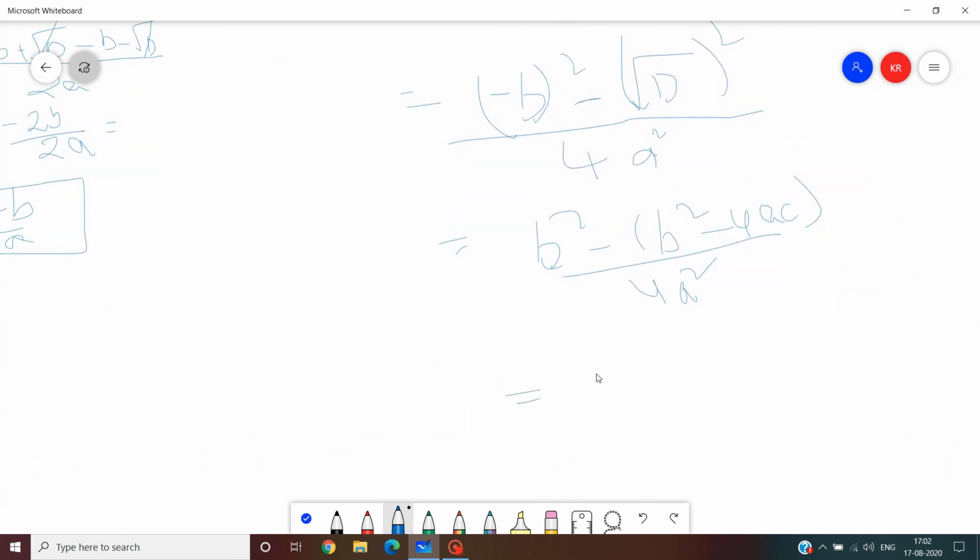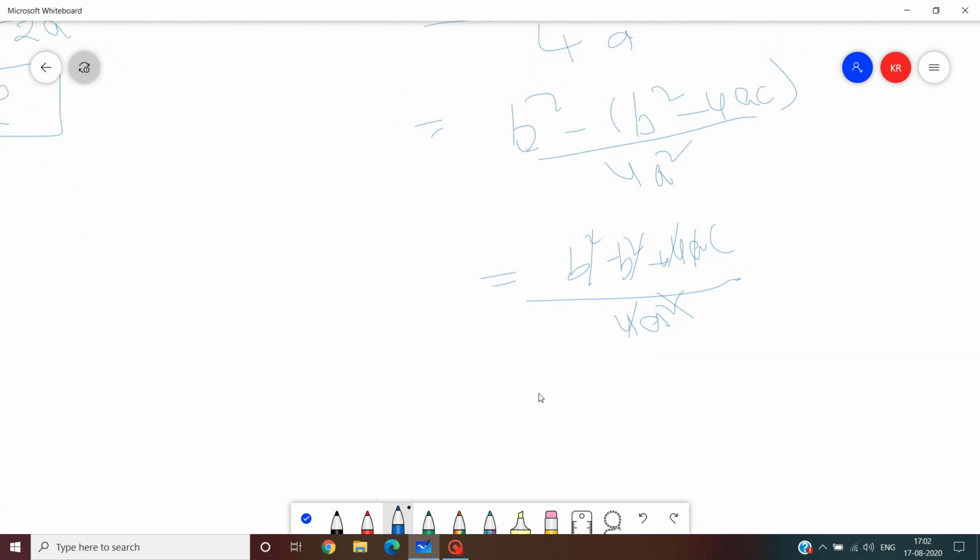So this will be b square minus b square plus 4ac divided by 4a square. So here b square cancels. Now I have only 4ac by 4a square. 4 gets cancelled, a gets cancelled. We have c by a. So c by a is equal to alpha into beta.